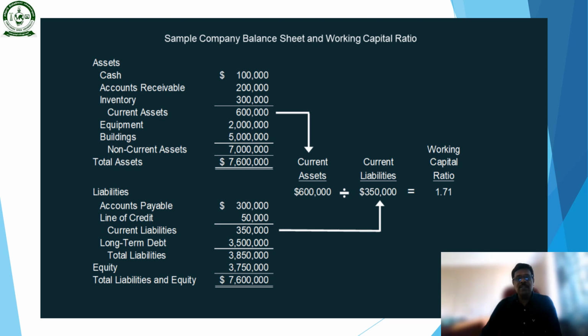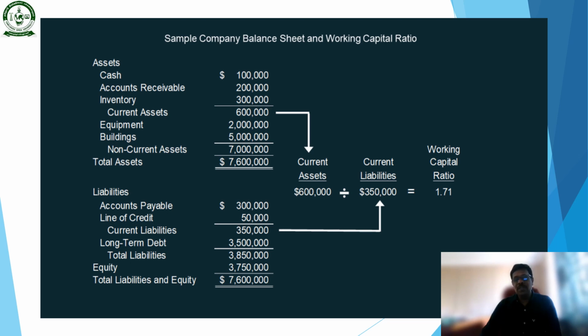The assets listed are cash, accounts receivable, inventory, equipment and buildings. Equipment and buildings make up fixed assets, while cash, accounts receivable and inventory are current assets. On the liability side are accounts payable and line of credit, which are current liabilities, then long-term debt, which makes total liabilities, and equity, giving total liabilities and equity.